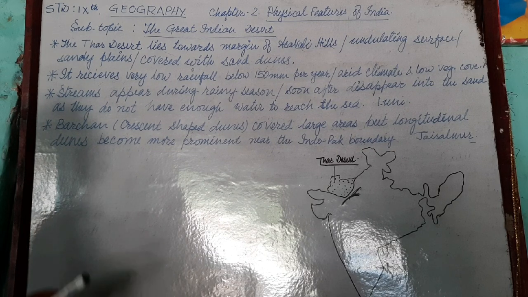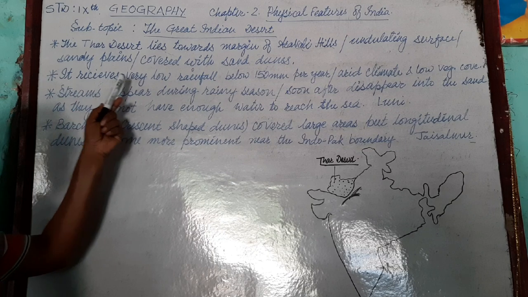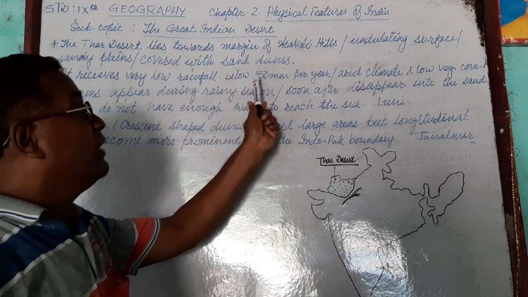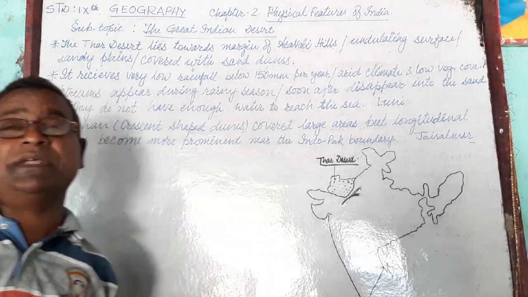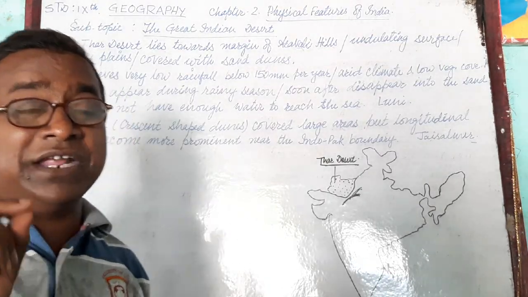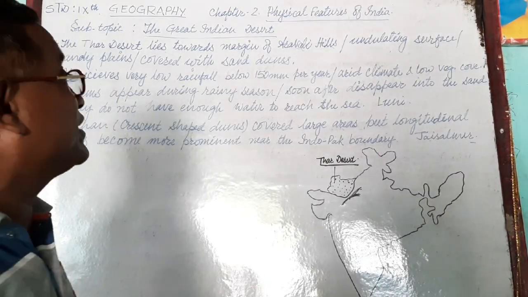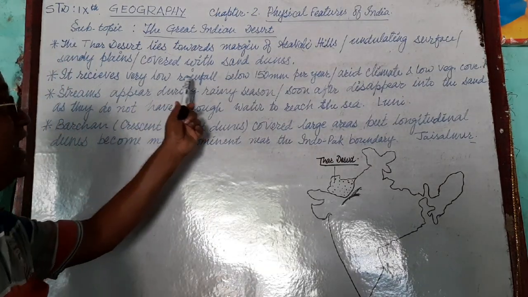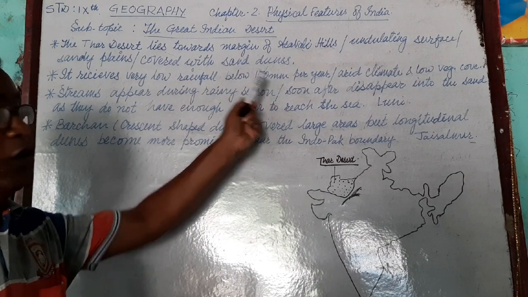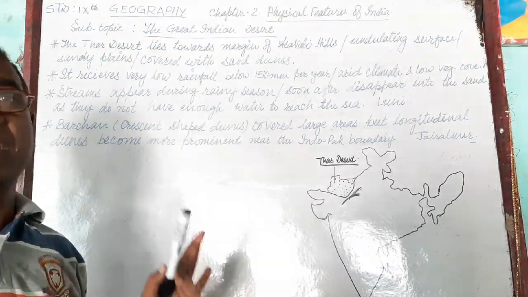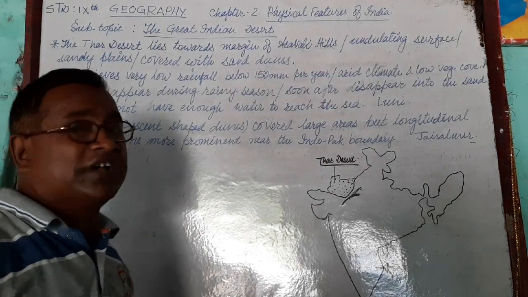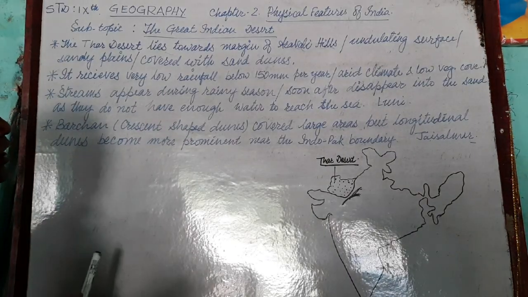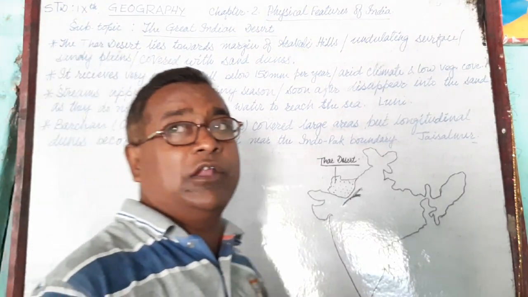The Thar Desert receives very low rainfall, below 150 mm. 150 mm means 15 centimeters. Only 15 centimeters of rainfall is received by the Thar Desert, which is very minimal and scanty.